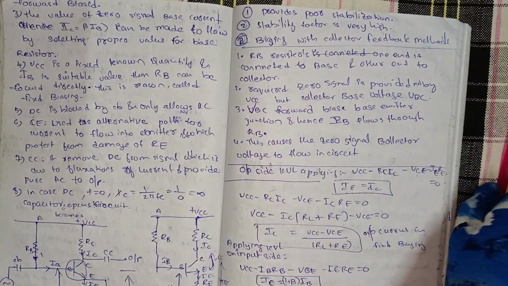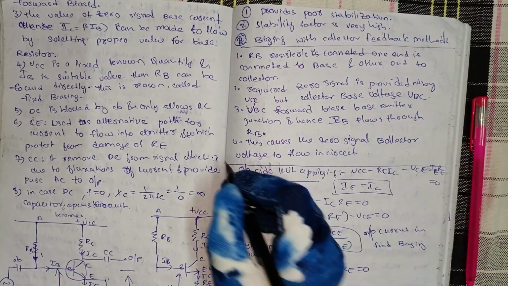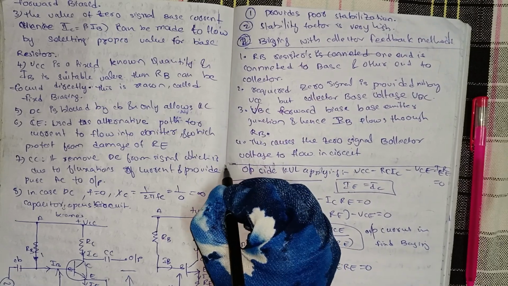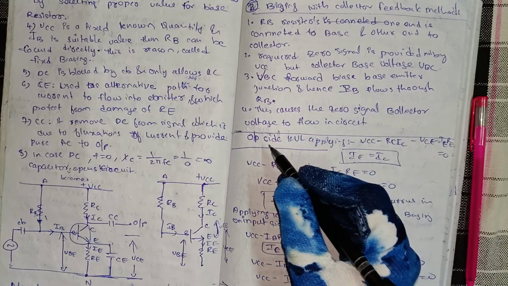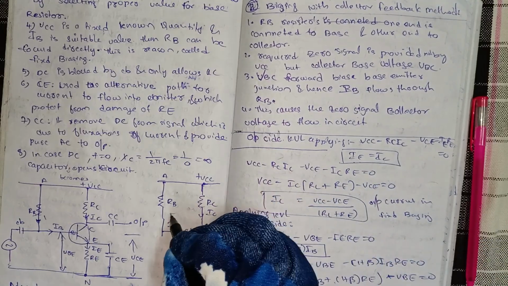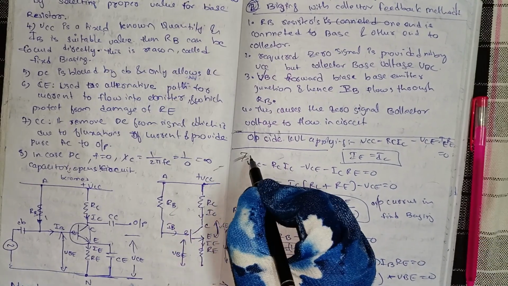Here I have applied KVL at output and input for this circuit for the first, fixed biasing method.